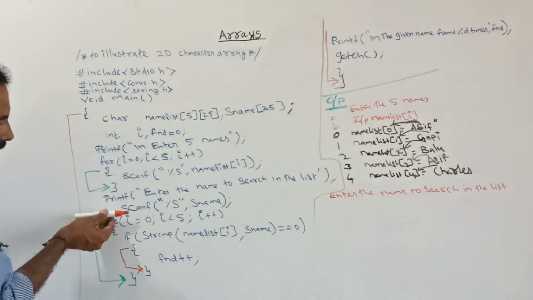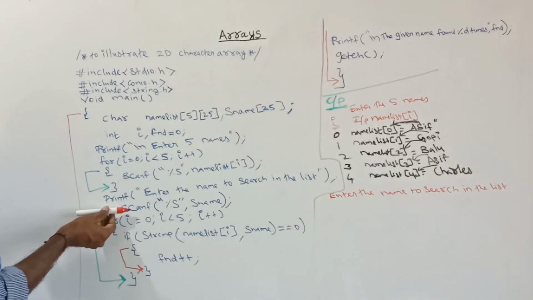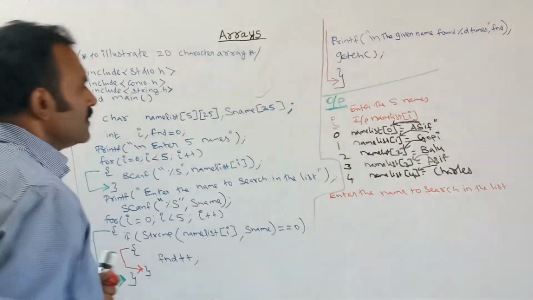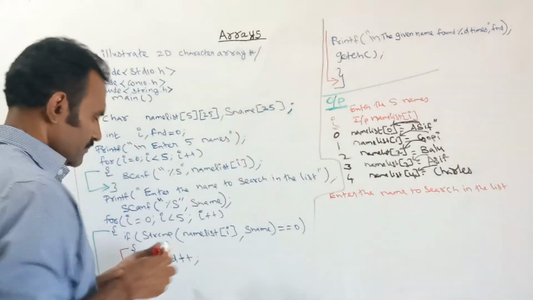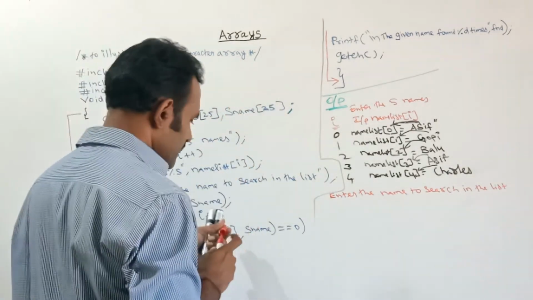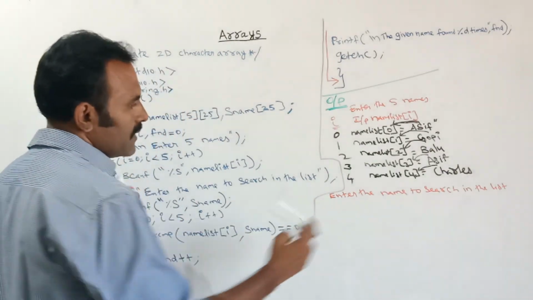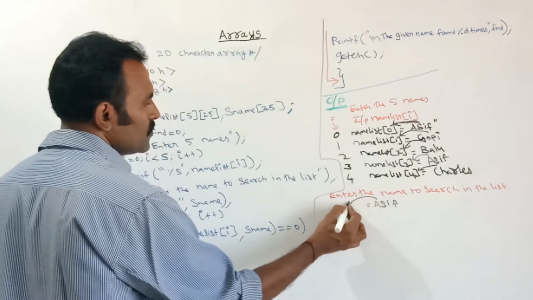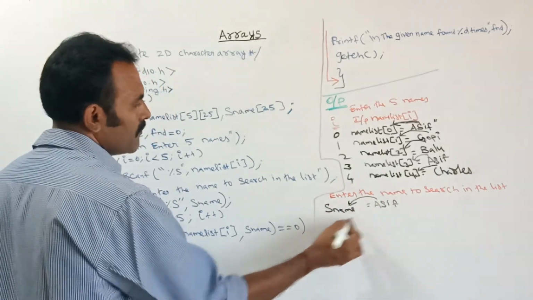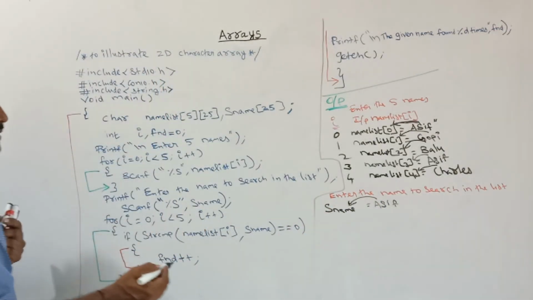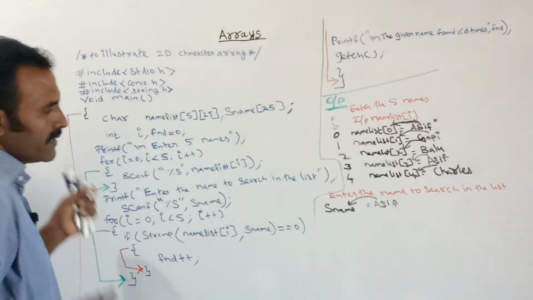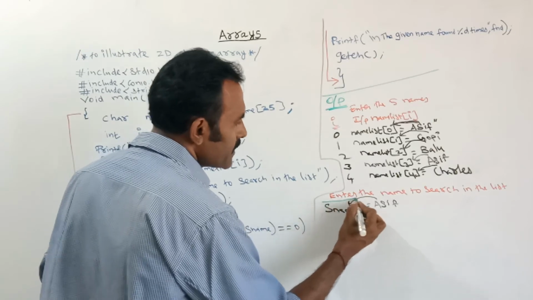After that, with the help of the scanf function I am getting the string value into the sname variable. Suppose on the keyboard you type Asif; this name will be stored to sname. Now this sname holds the string Asif.